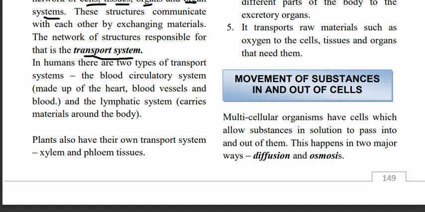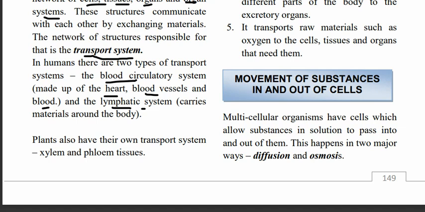Now, in humans, there are two types of transport system. The blood circulatory system, which is BCS. It is made up of the heart, blood vessels, and blood. And the lymphatic system, where it carries materials around the body.